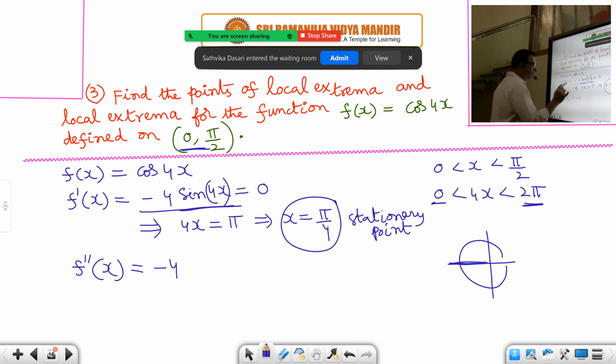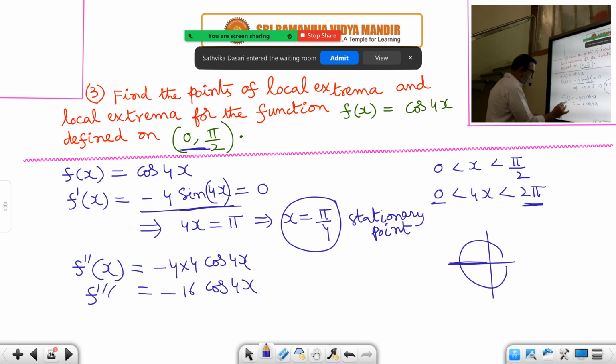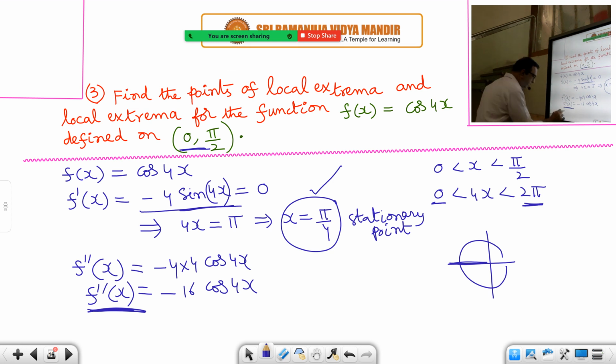Minus 4 into, for sin 4x the derivative is cos 4x into, for 4x the derivative is 4. So it is minus 16 cos 4x. The second derivative's value, Shilpita. So we have to substitute what value of x here? Come on, tell me. Pi by 4, correct. Where the derivative is 0, that value you have to substitute here.